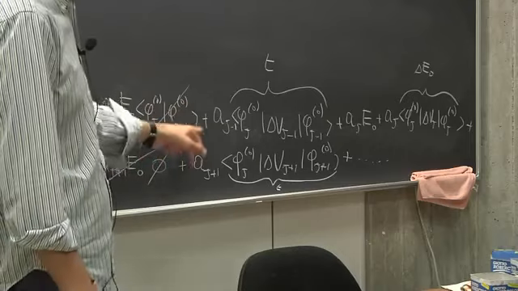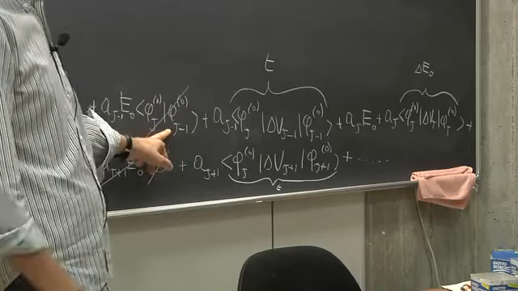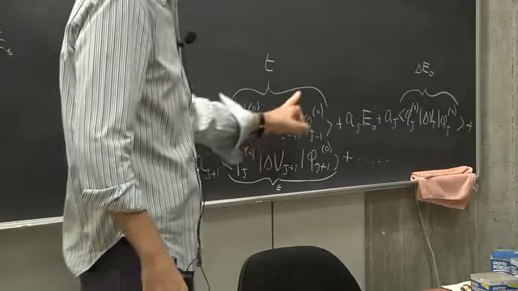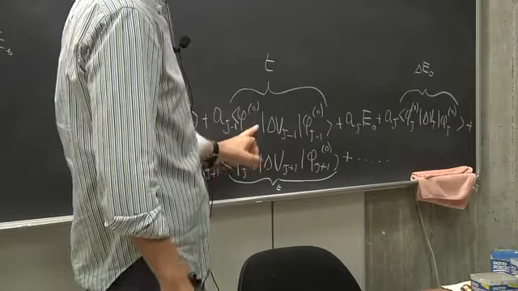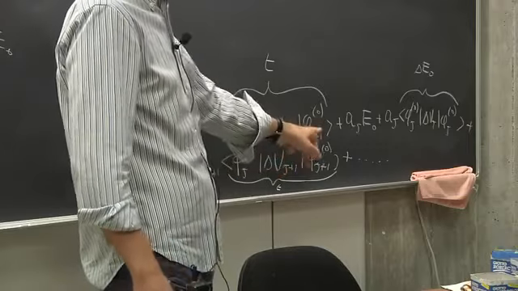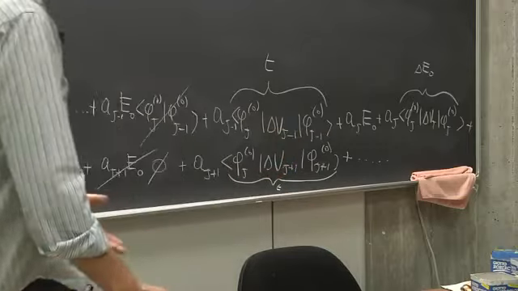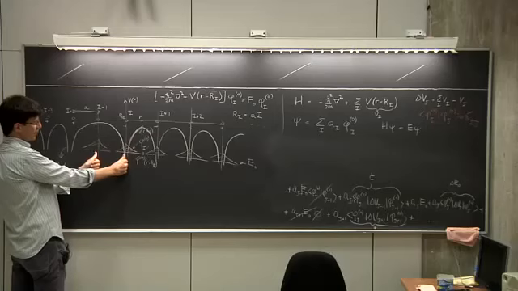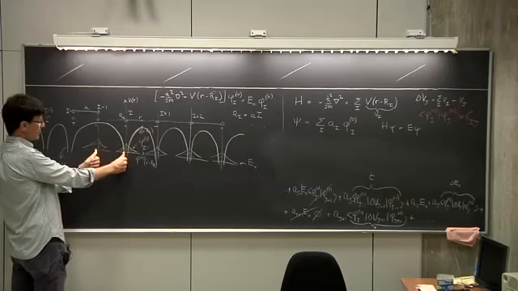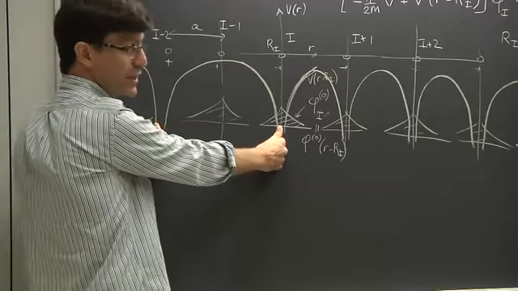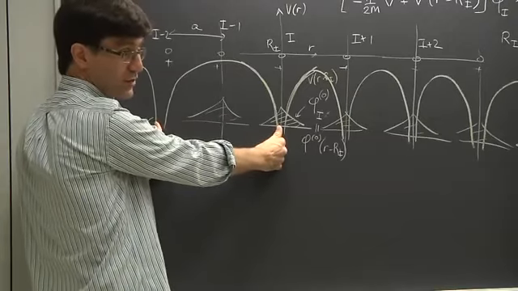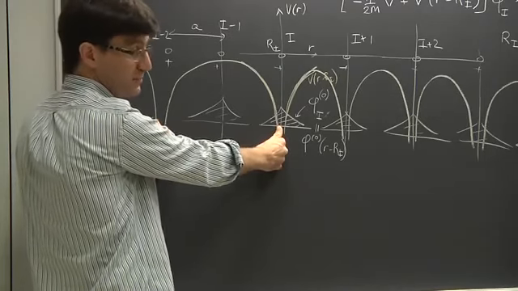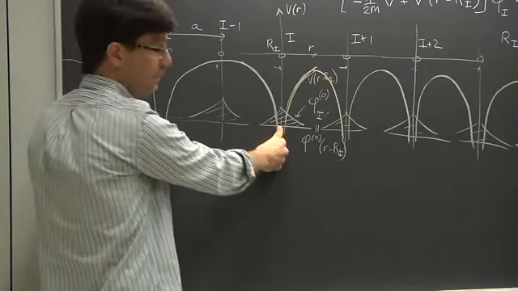Terms of this sort are 0 because of my rule, and terms of this sort, where here I have j, and here I have j minus 2 and j minus 2. Well, if I've neglected the overlap between wave functions here and here, there is even more reason to assume that if the two wave functions are two sites further away from one another, these terms are going to be even smaller.